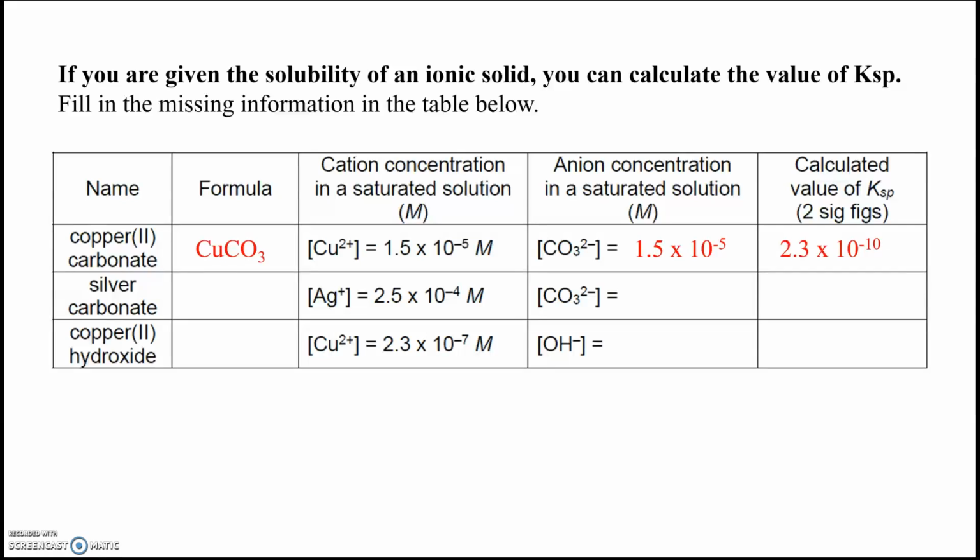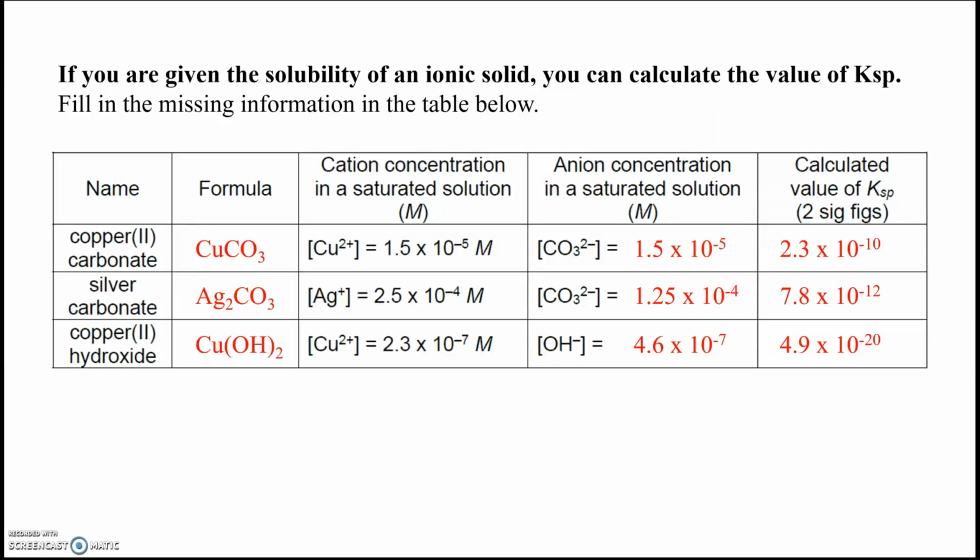We can multiply these two together and we can get our KSP. But for silver carbonate, because the molar concentrations for silver are going to be twice that for carbonate, we have to do our math appropriately. But again, I can multiply these things together once I set up my correct KSP expression and get these numbers.